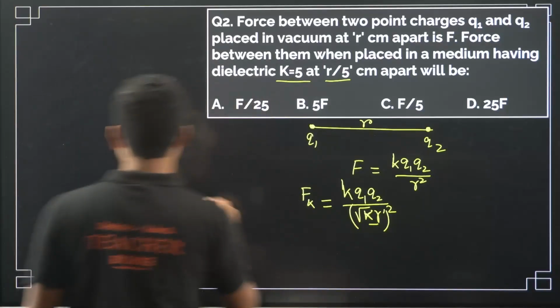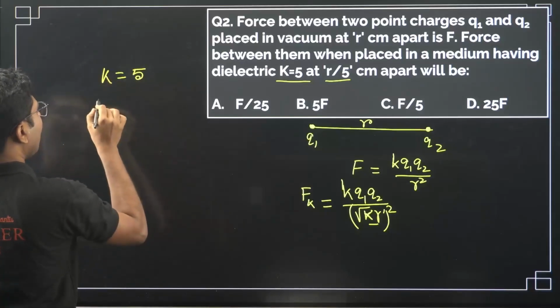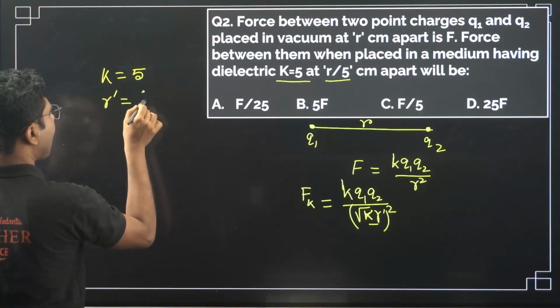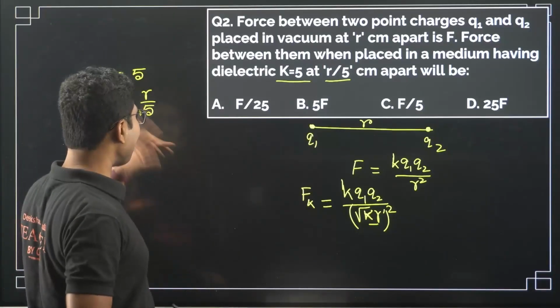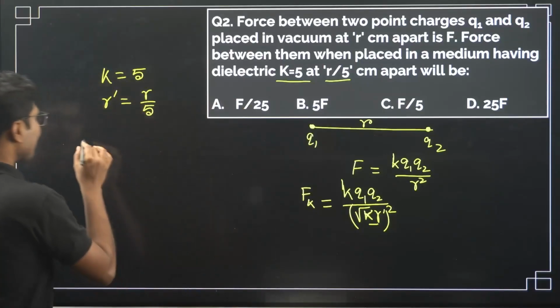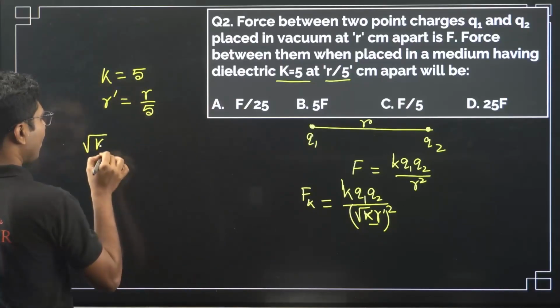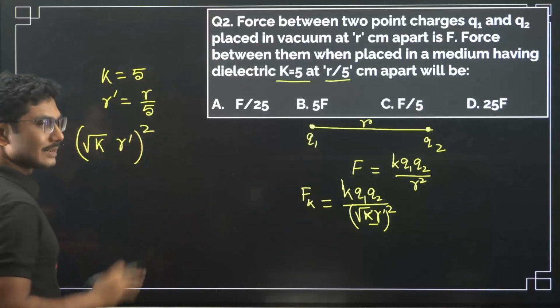So there is a small interesting fact about it. Now what is given here? K value is given 5 and R dash value is given R by 5. You might think, okay sir, the 5 cancels, so we get the same force. Actually not. You have to find root K R dash, whole square. Let us do that separately.